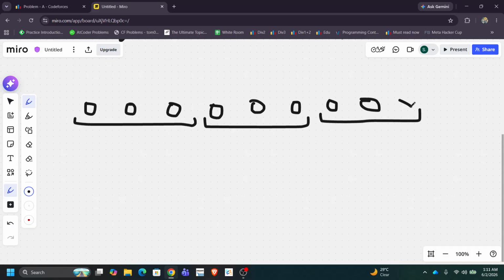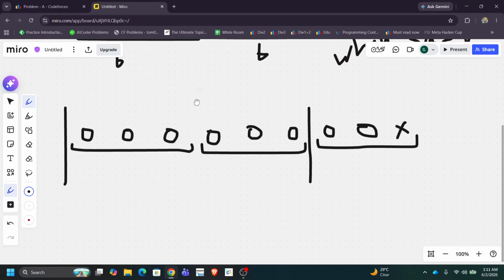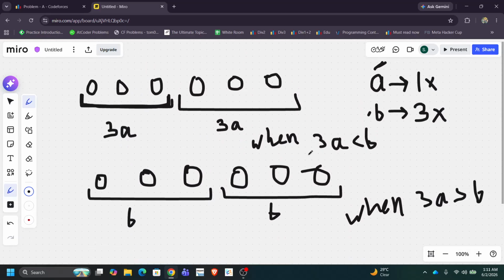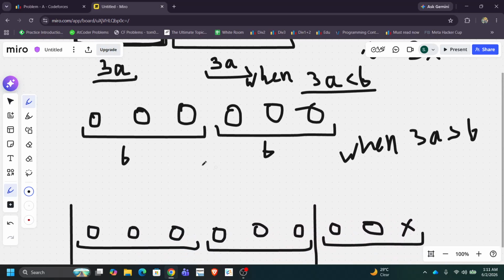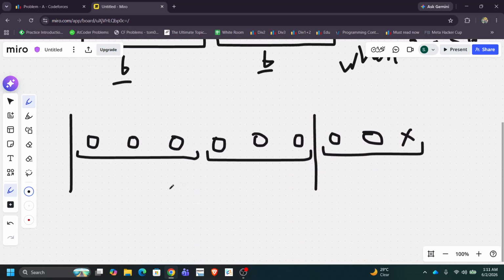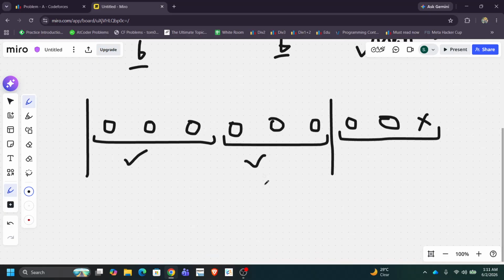But for this portion of the students, we can still use the same reasoning: we give 3a to each group, and otherwise b. This same logic applies here too.